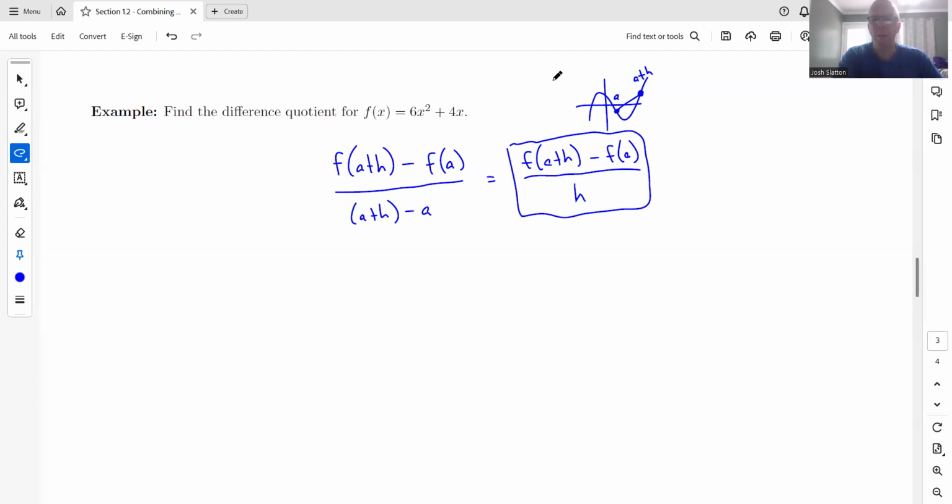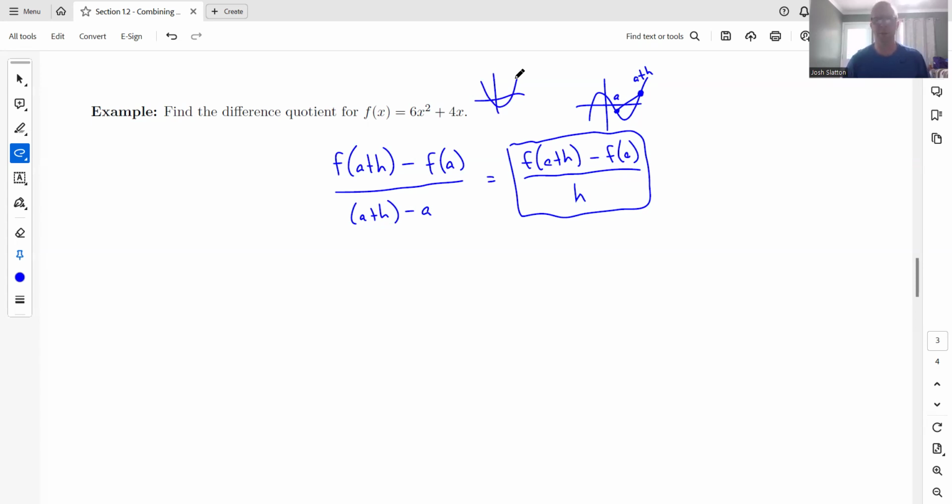But when we have a curve like this one, so this is a quadratic function, and so this would look something like that, oriented in some way. We'll have to do a little calculating and find the difference quotient. And the hard part of this is really just the algebra.